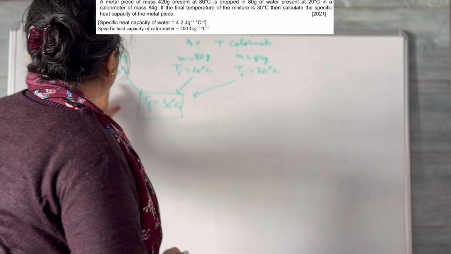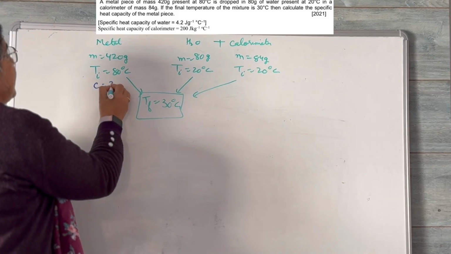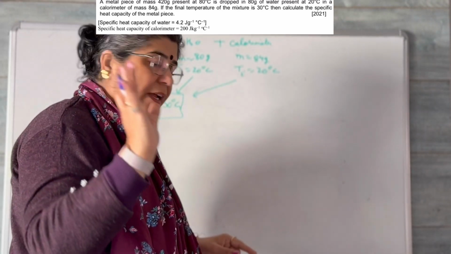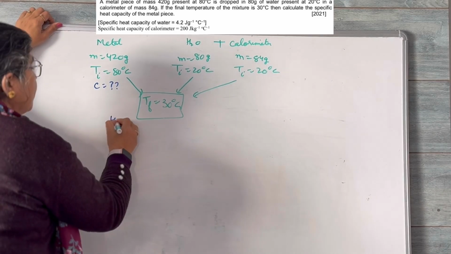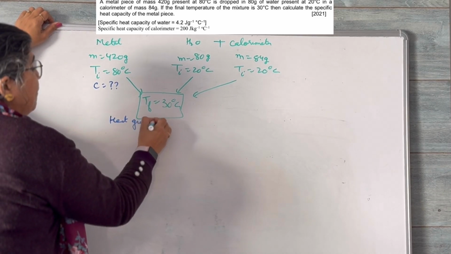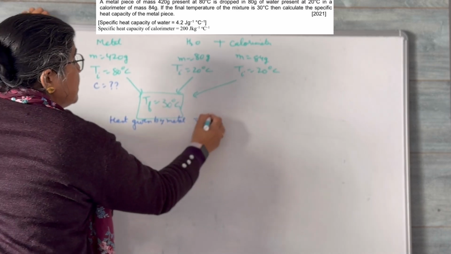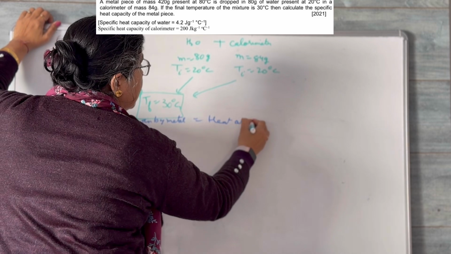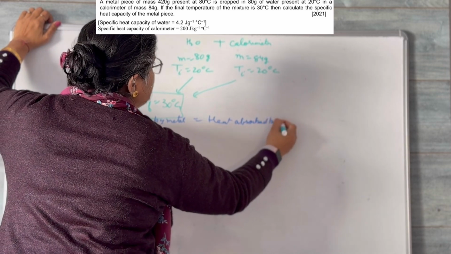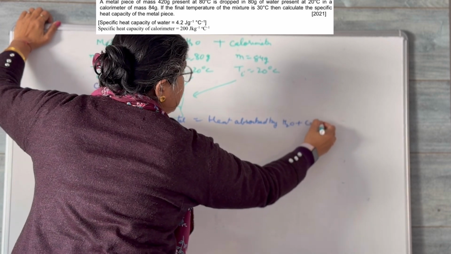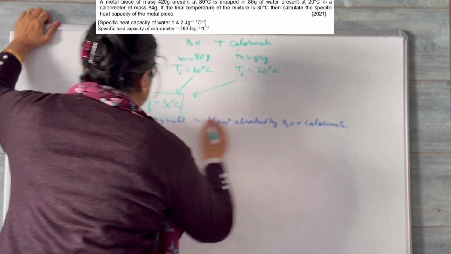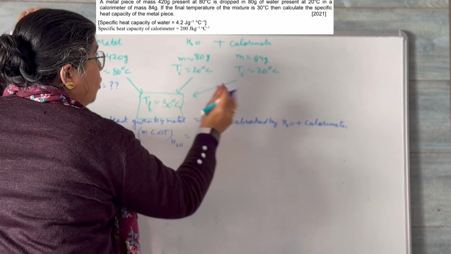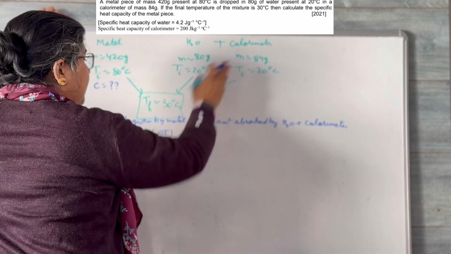Calculate specific heat capacity of metal. Water's specific heat is given and calorimeter's specific heat is also given. What will you do? Heat given by metal is equal to, metal was hotter beta initially, so heat given by metal is heat absorbed by water and calorimeter. So MC delta T of water, no state change. Water remains water, calorimeter remains calorimeter.